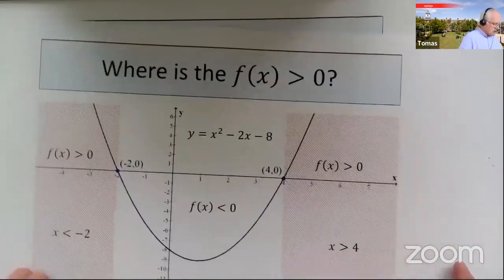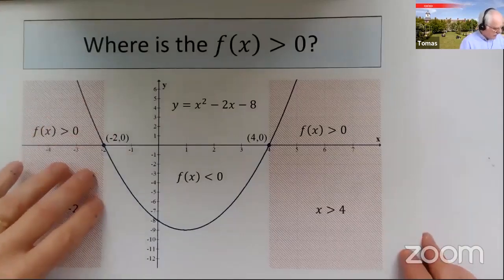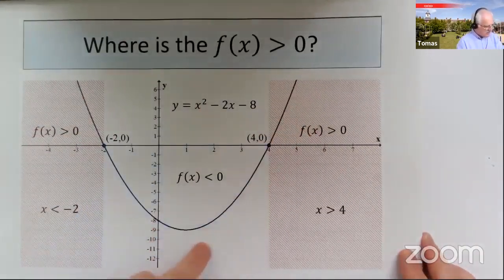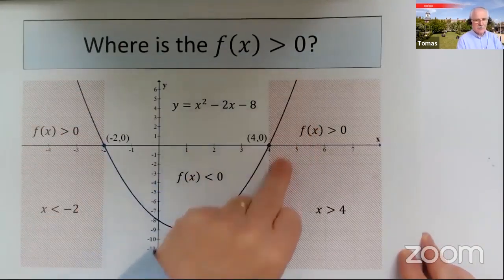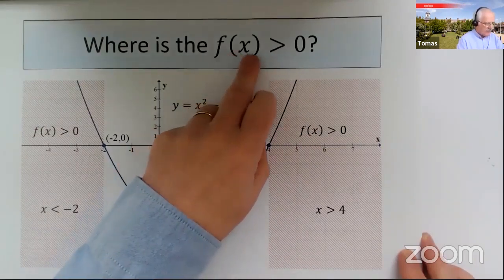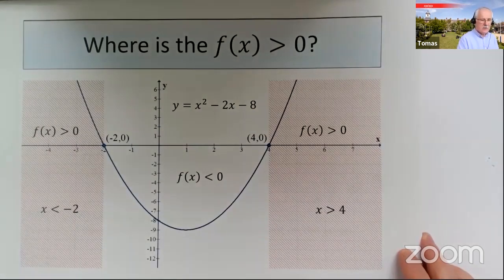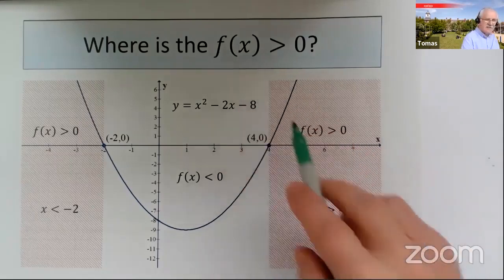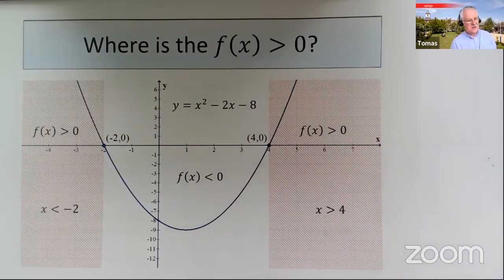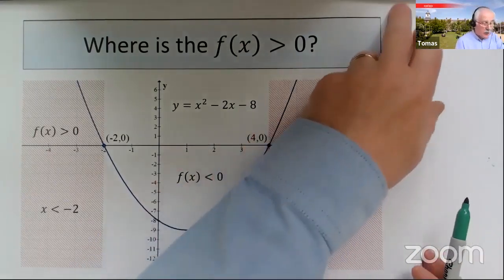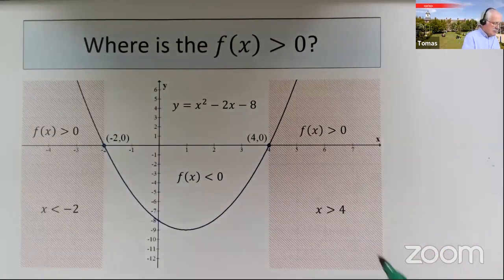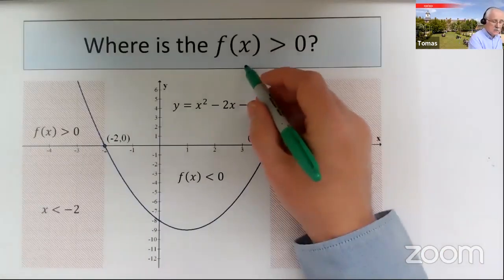Sometimes they ask you to do some nice work with graphs then, and they show you the graph, and they say, describe on the graph where f of x is greater than 0. Now remember, this f of x thing, I'm not saying it's there to annoy you, it is the function of x, but really it's y.